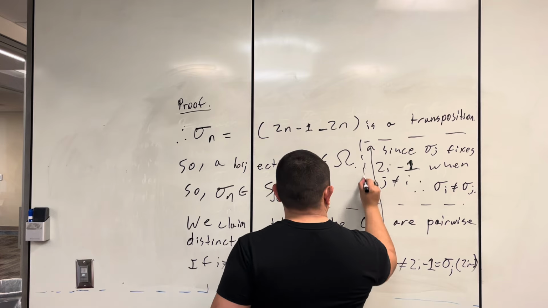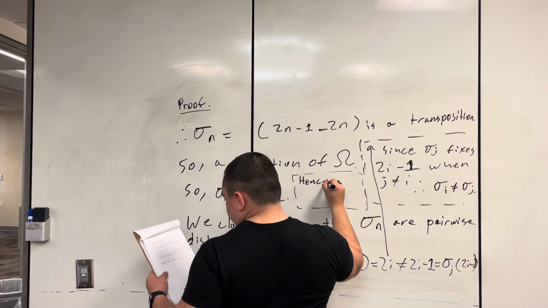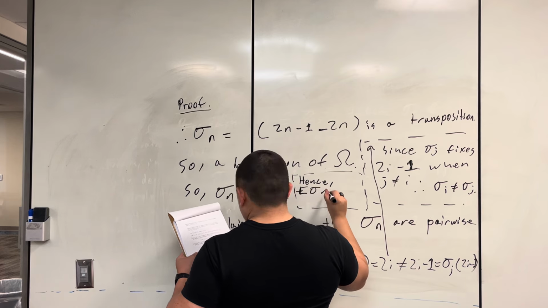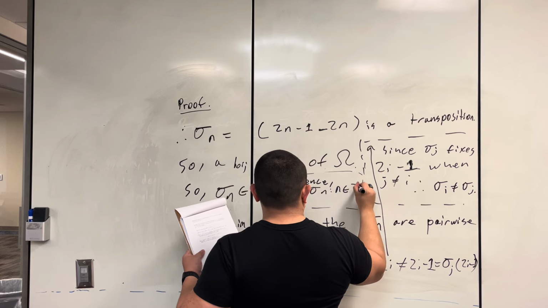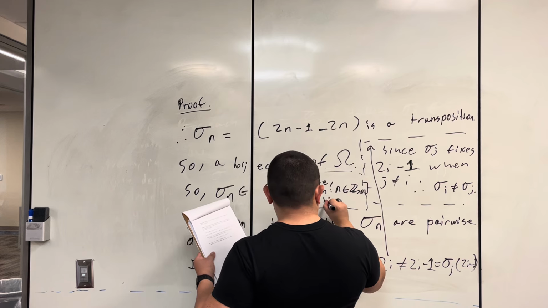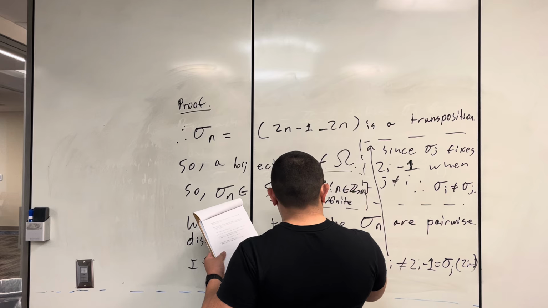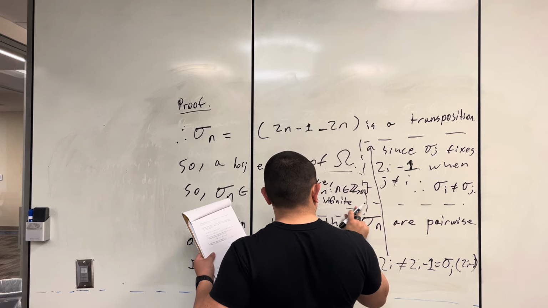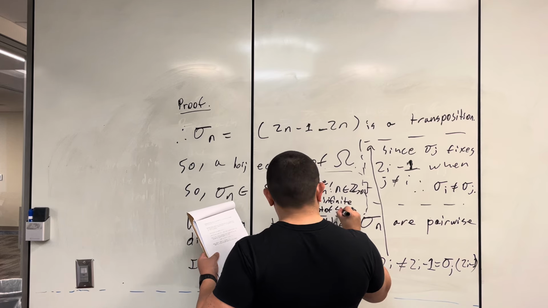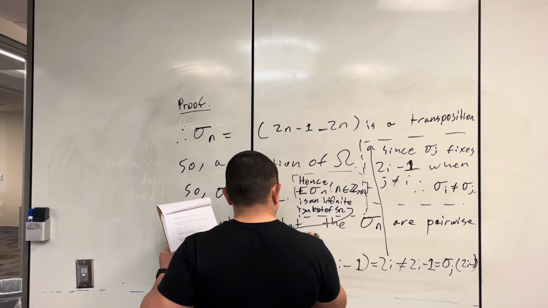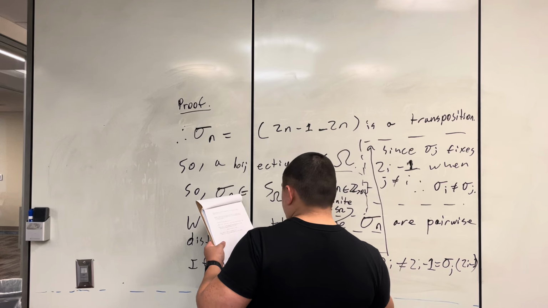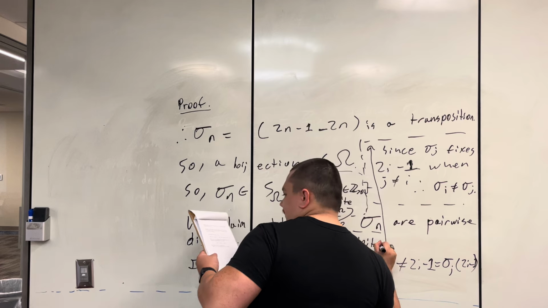Hence, the set containing sigma sub n, such that n is contained within the positive integers, is an infinite subset of S sub omega, which means S sub omega is infinite, right?